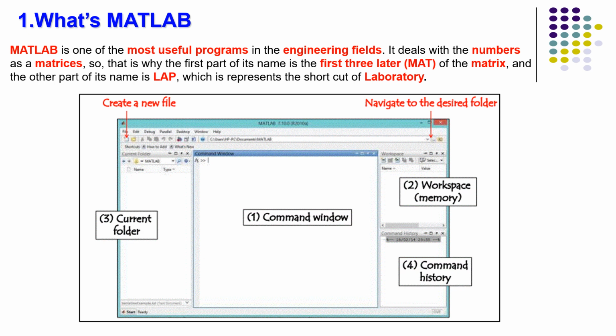understand what MATLAB is. MATLAB is one of the most useful programs in the engineering fields. It deals with numbers as matrices. That's why the first part of its name is the first three letters of the matrix, and the other part of its name is lab, which represents the shortcut of laboratory.